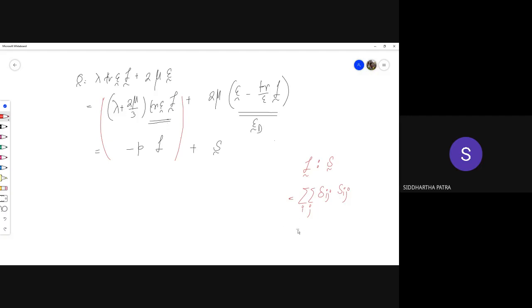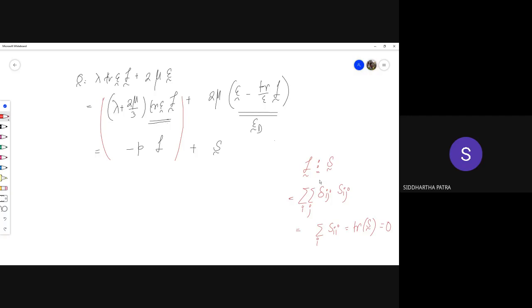That is essentially only true when it is the summation over i of S ii, which is the trace of S, and that is equal to 0. The point being, this is the inner product of tensors.